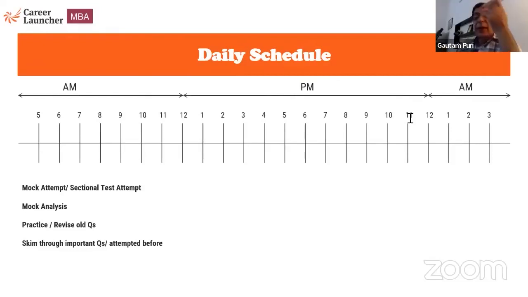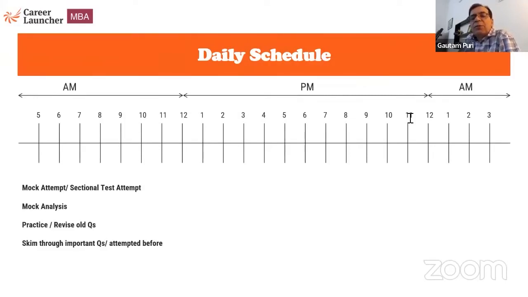See, if you're managing prep with a job, your schedule is fixed. There's nothing you need to worry about. At least you don't have to worry about what will I do from 10 a.m. to 5 p.m. I assume that's office time. Before that and after that, you have to do the same thing.